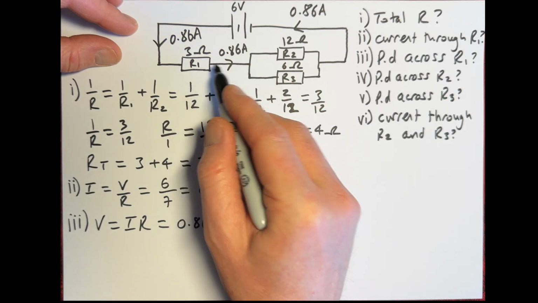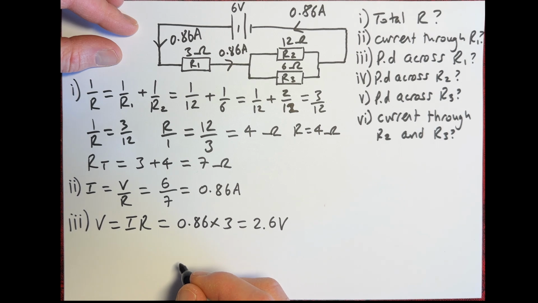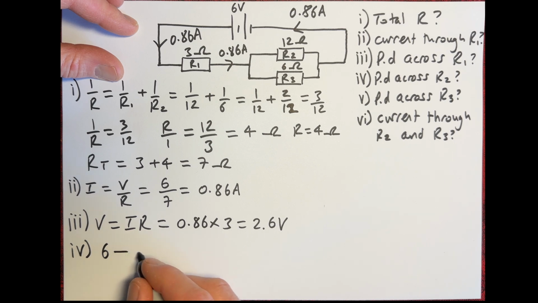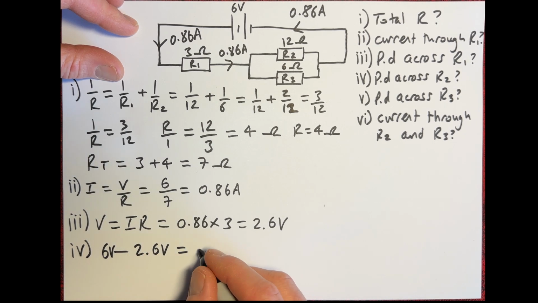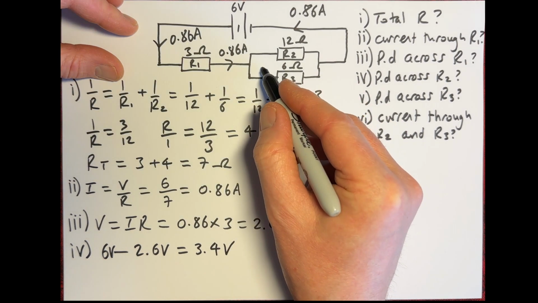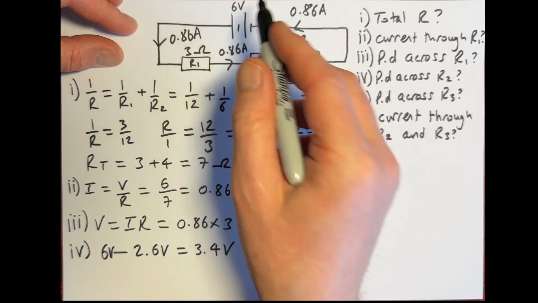So you just take the battery voltage, which is 6 volts, take away 2.6 volts, and that's going to give us 3.4 volts. And that's the voltage across this section here, because 2.6 plus 3.4 makes 6.